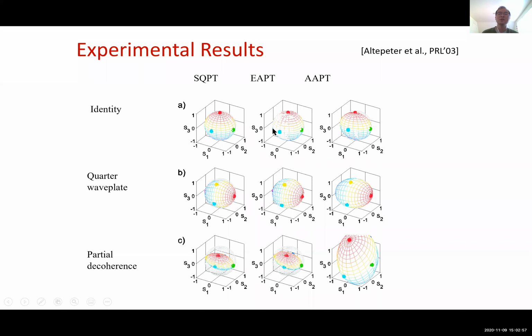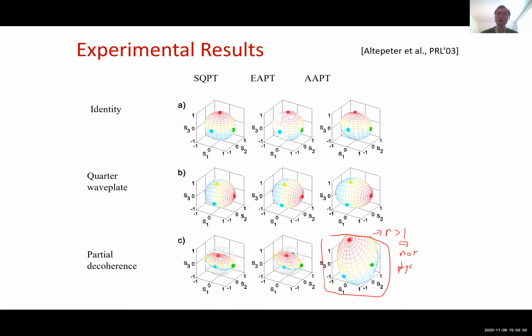And you see that if I use the entanglement-assisted one, we all get really consistent results, except this one. Somehow the analysis from the experiment indicates that the Bloch sphere blows up to be greater than 1. So this is actually not physical.